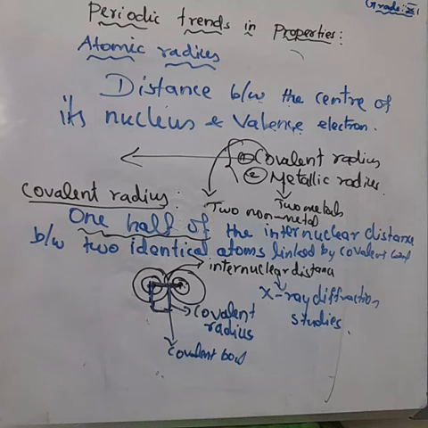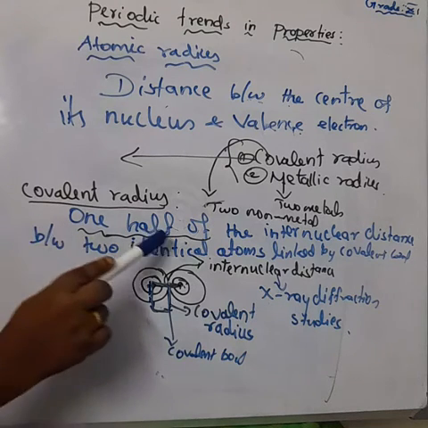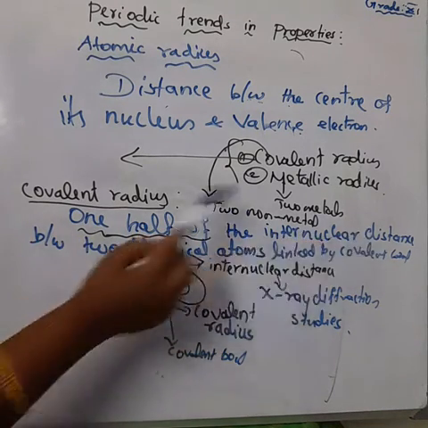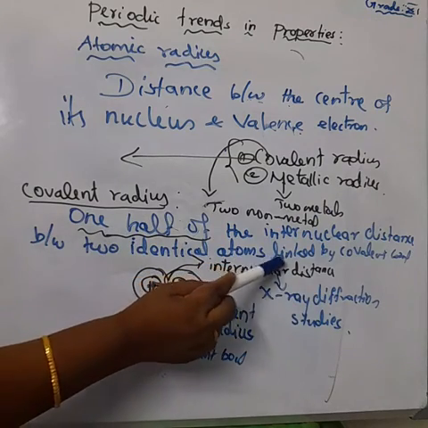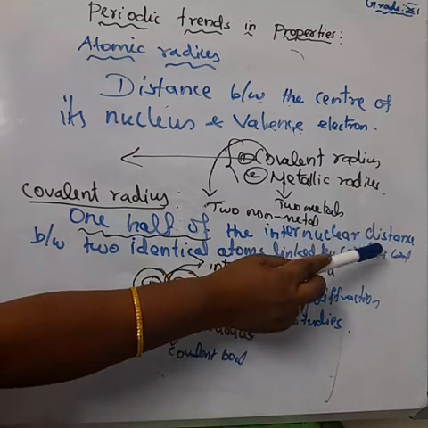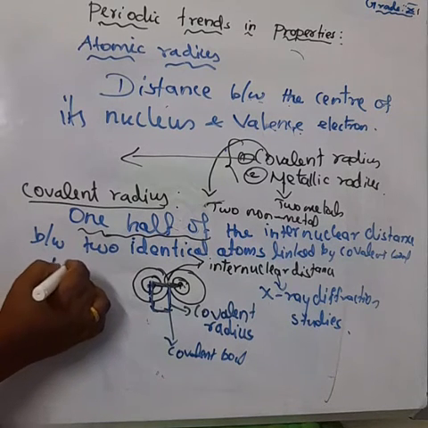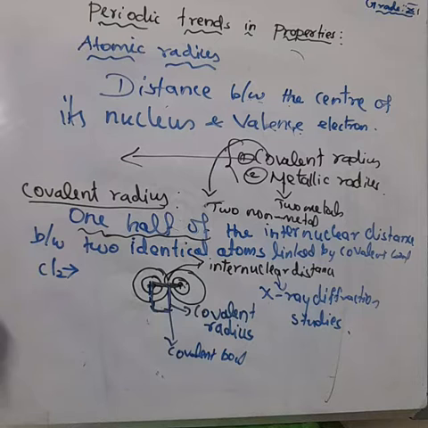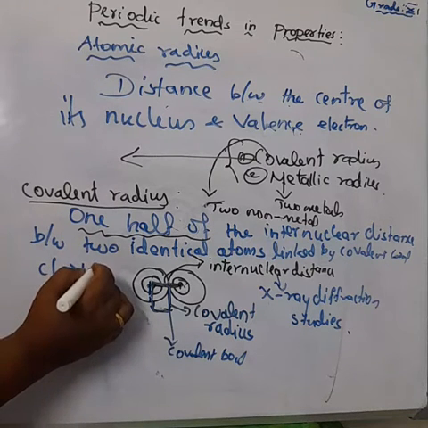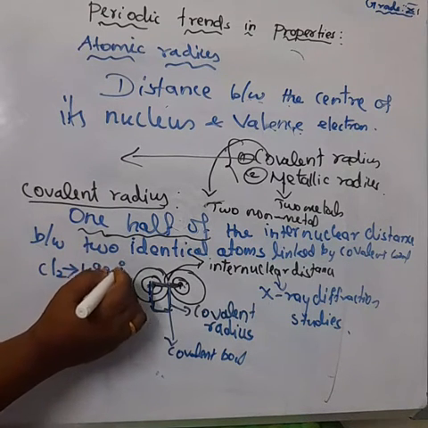What do you mean by covalent radius? It is one half of the internuclear distance between two identical atoms linked together by a single covalent bond. For example, the experimental internuclear distance in the chlorine molecule is 1.98 Angstrom.